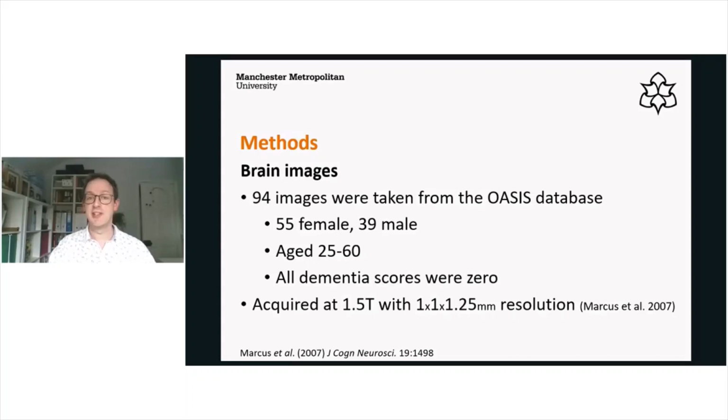I was only interested in people in their middle years, so 25 to 60 years old, where the structure of the brain is relatively stable, and people with a dementia score of 0. The full methodology is described by Marcus and colleagues in a paper that's cited here. We have 94 images in this database, so that's the number of images that contribute to what I'm about to show you.